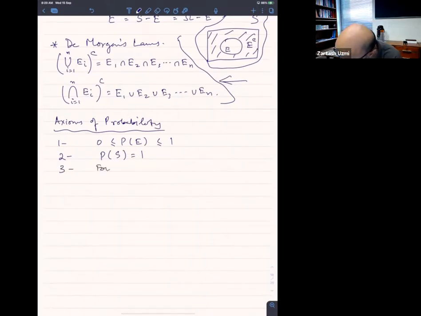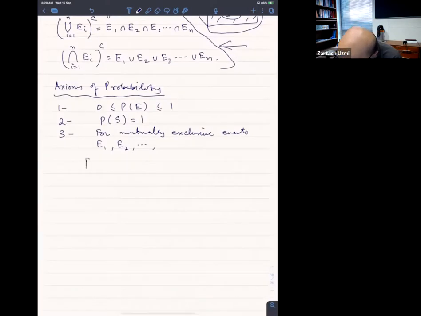And the third axiom is for mutually exclusive events E1, E2, dot dot dot, up to En.